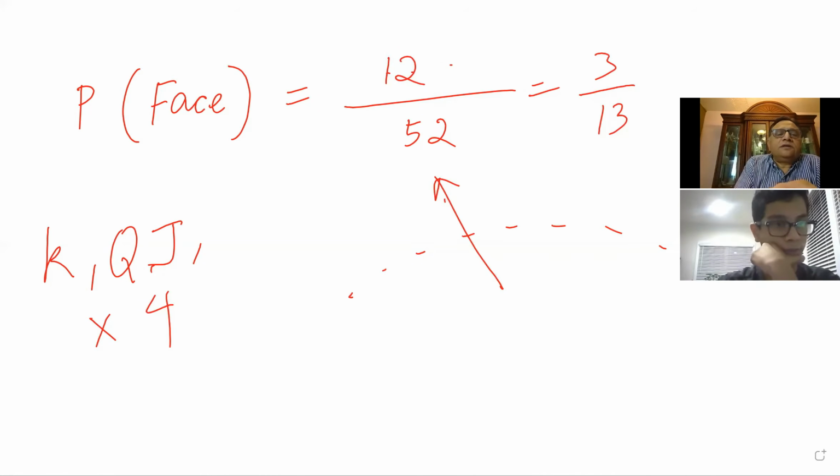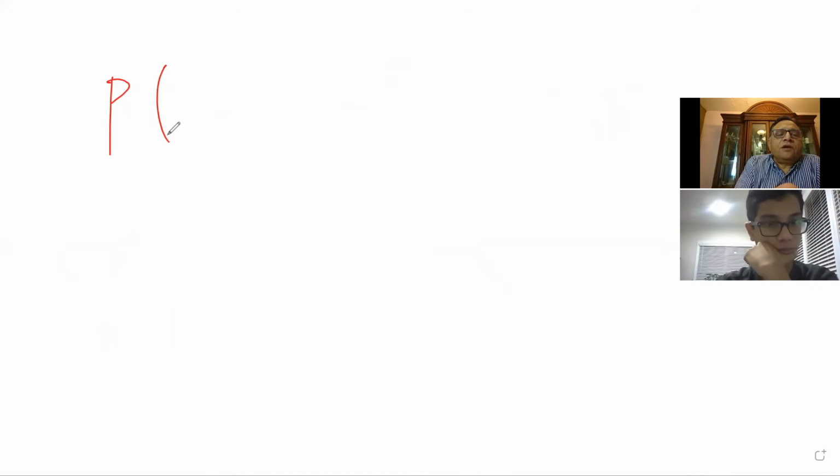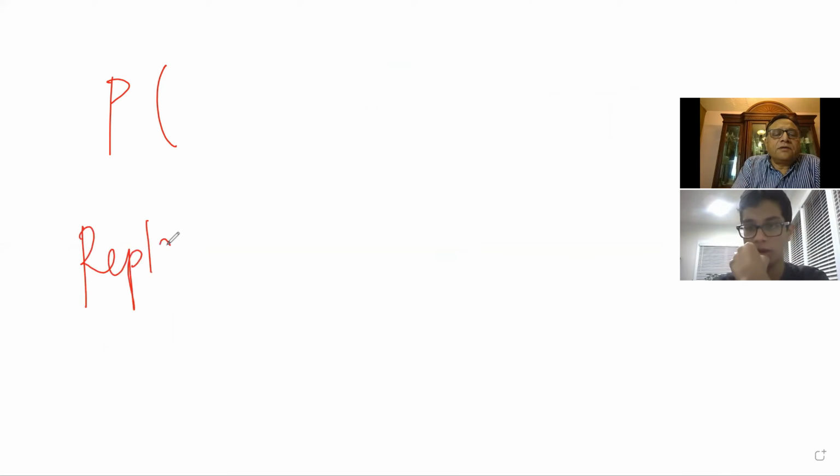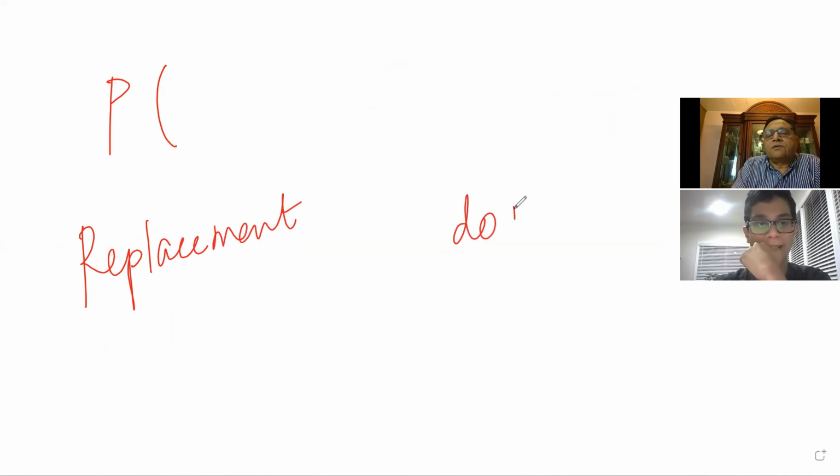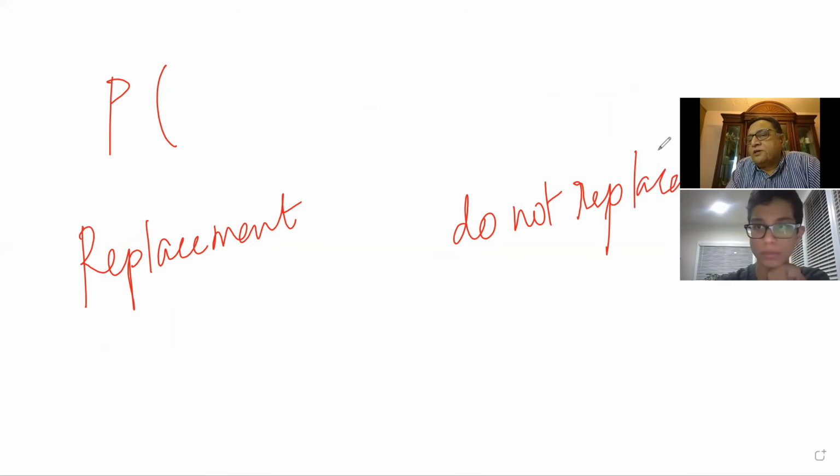So we have a probability of first I pull out one card and do not replace. So now we could do two things. We could do replacement or do not replace. So those are some problems which are very important to look into, right?